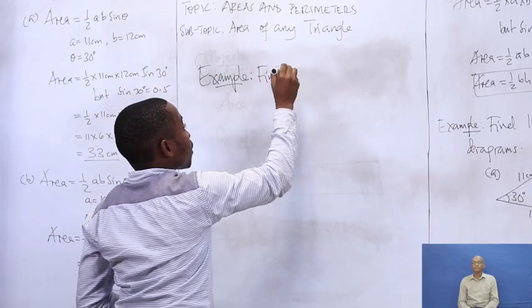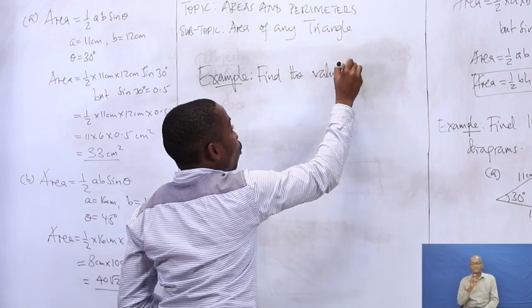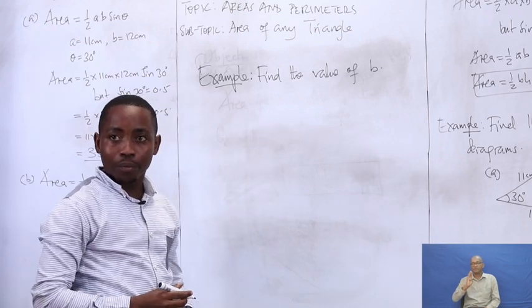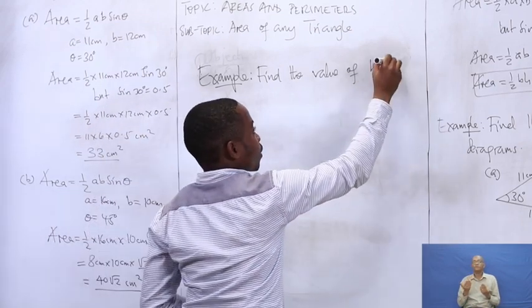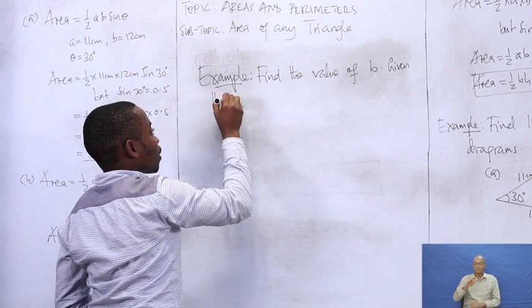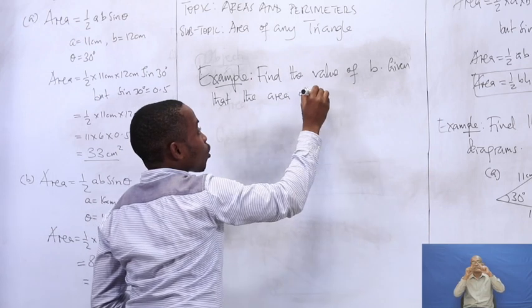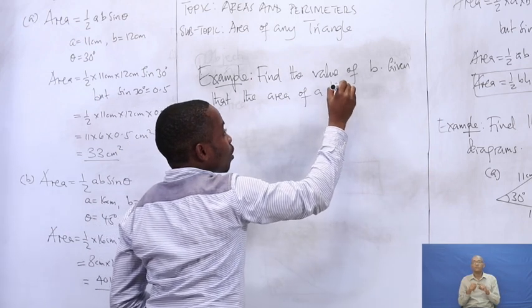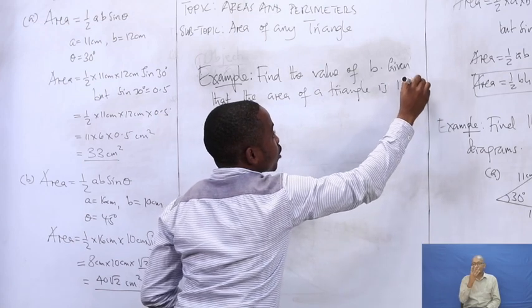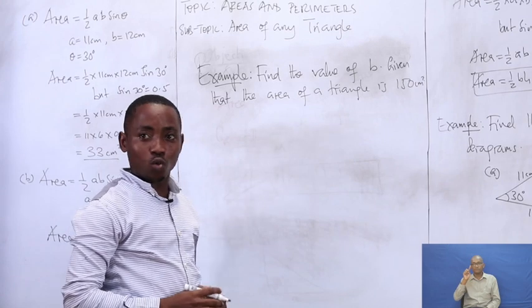Example 2, the other example: find the value of B in the following diagram, given that the area of the triangle is 150 centimeter squared.